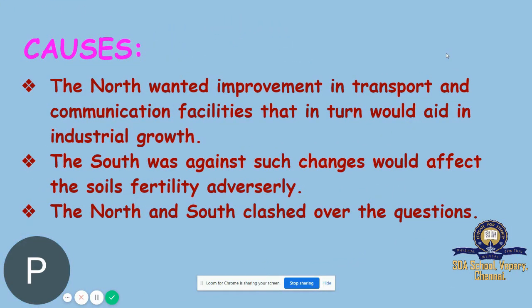Causes. The North wanted improvement in transport and communication facilities, which in turn would aid in industrial growth.